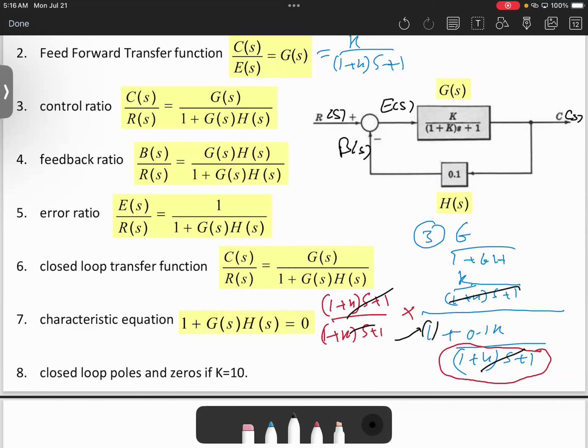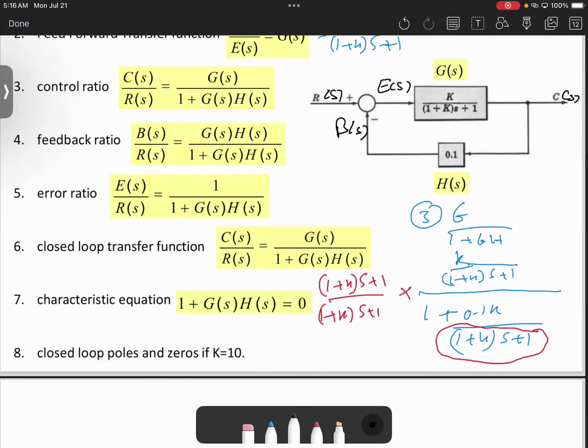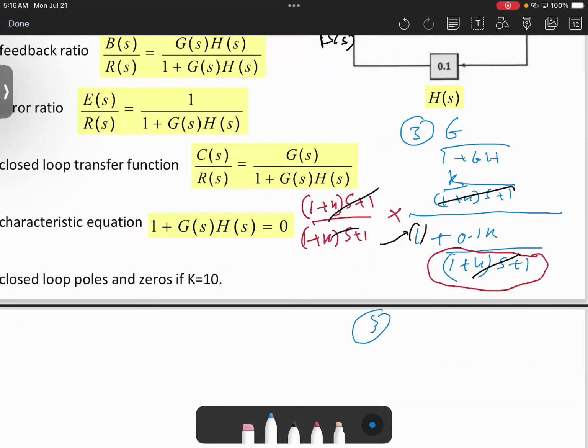Therefore, I can write number 3 as K divided by 1 plus K S plus 1, plus 0.1 K. Okay? So you need to know how to simplify this in the right way.